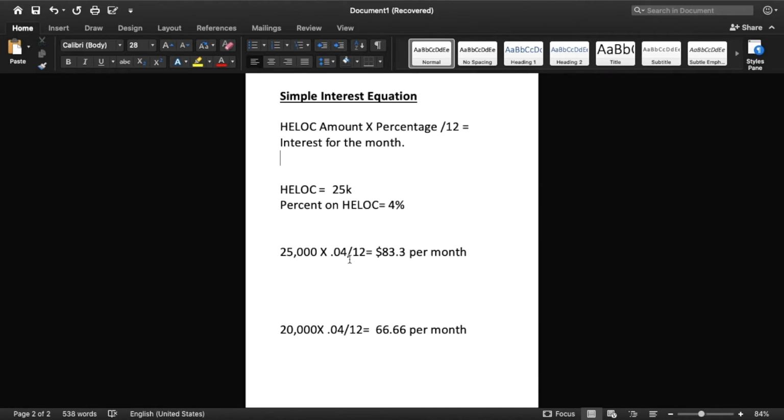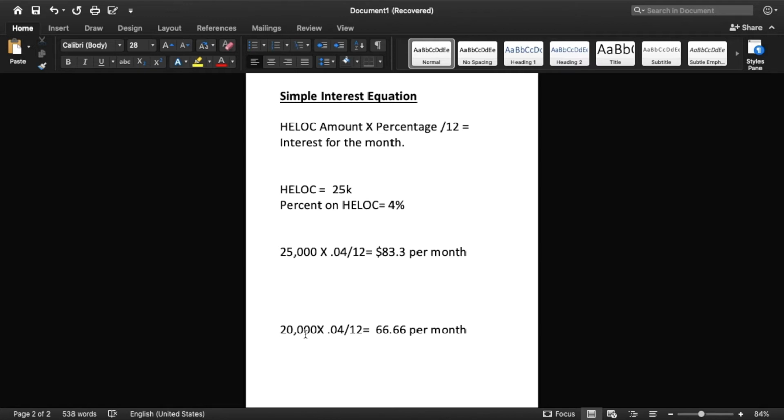If we put in, let's say, $5,000, then the calculation would go down because you have less that you owe. So look, we're going to go to example 2. Let's say that next month we only owe $20,000.